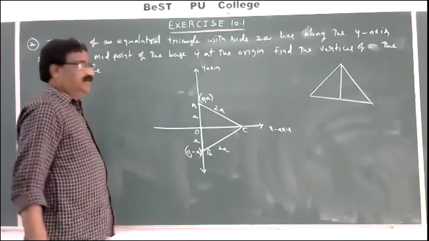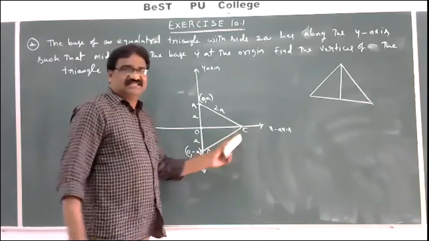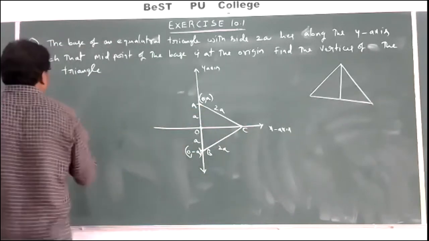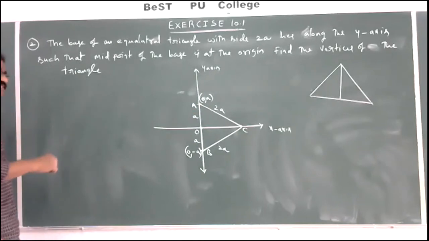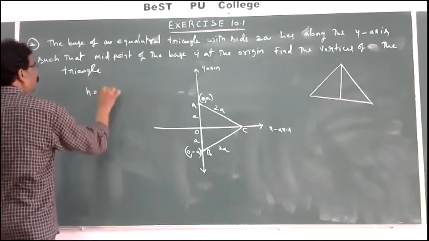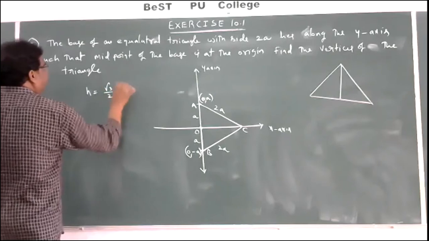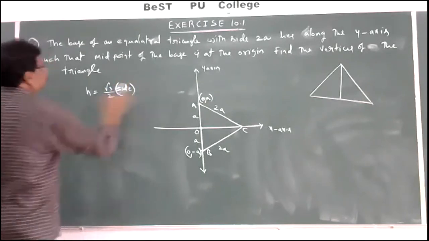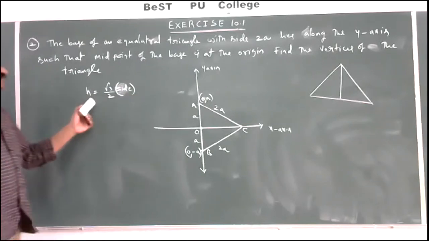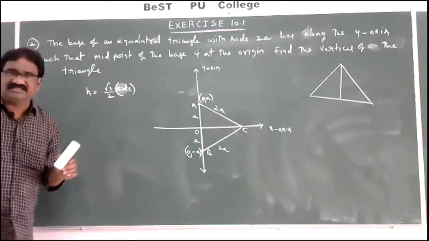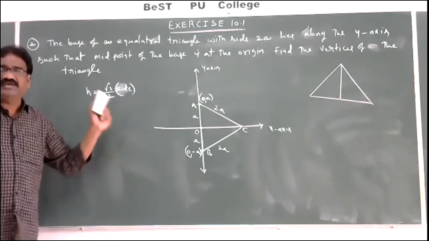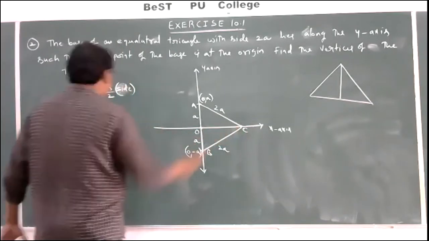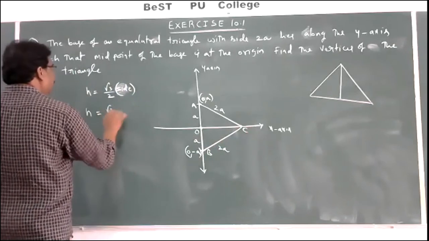So how do we find C? In an equilateral triangle, if you know the side, the height h is equal to root 3 by 2 into side.